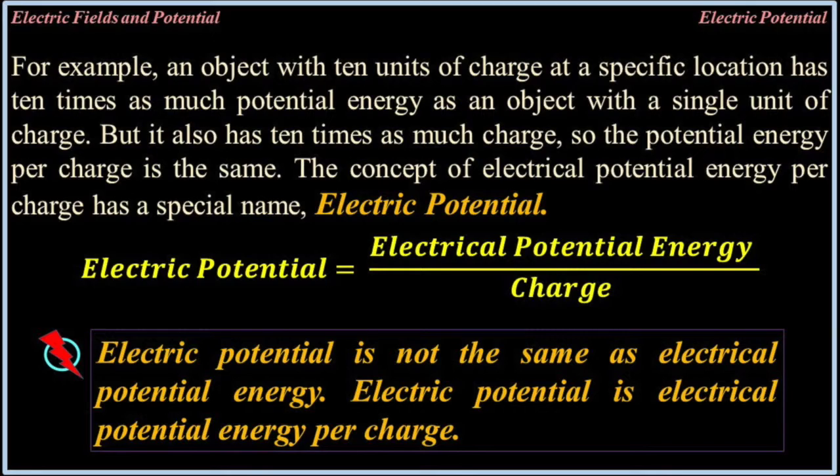The concept of electrical potential energy per charge has a special name: electric potential. Electric potential equals electrical potential energy per charge. Electric potential is not the same as electrical potential energy.